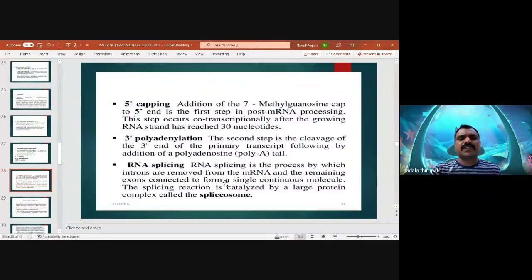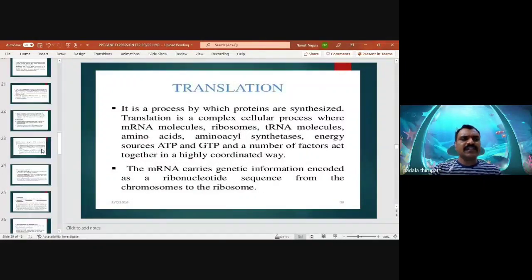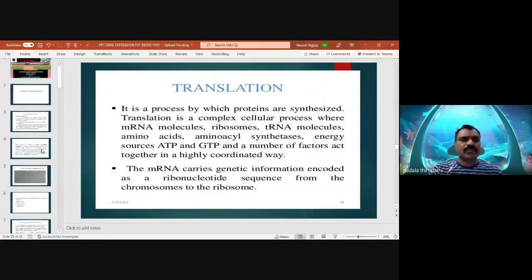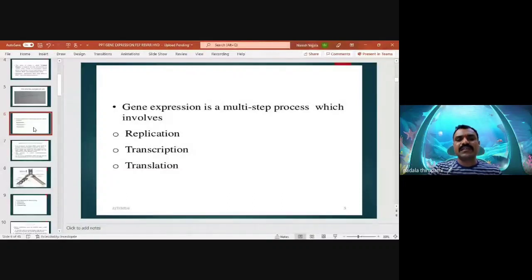Then after transcription, the most important and complex stage of the sequential events of gene expression is translation. This is the third sequential step of gene expression. In the previous class, we discussed the replication of DNA and transcription, from DNA to mRNA synthesis.